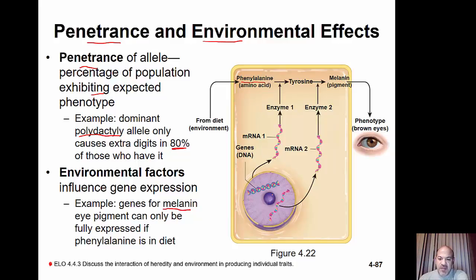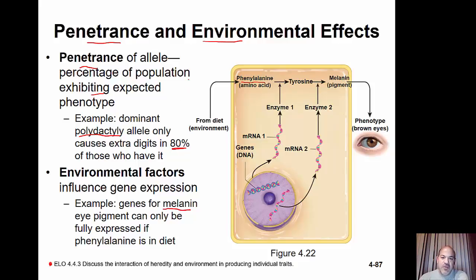It turns out we have a couple of genes, and after transcription and translation, they produce enzymes. There are 2 enzymes needed in this metabolic pathway. The phenylalanine would be acted on by the first enzyme and changed to tyrosine, and then the second enzyme would change tyrosine to melanin.